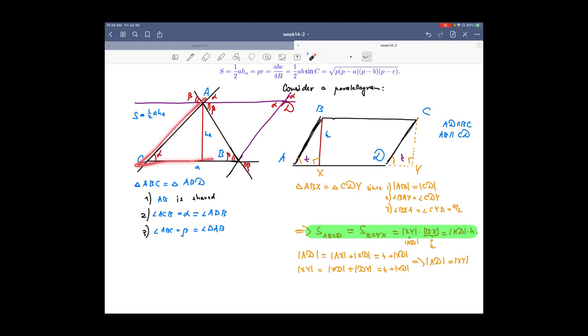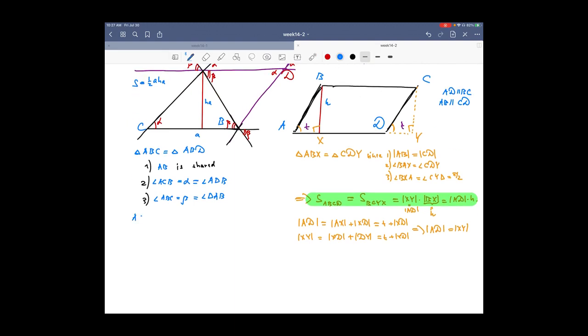And of course, ADBC is a parallelogram by construction.